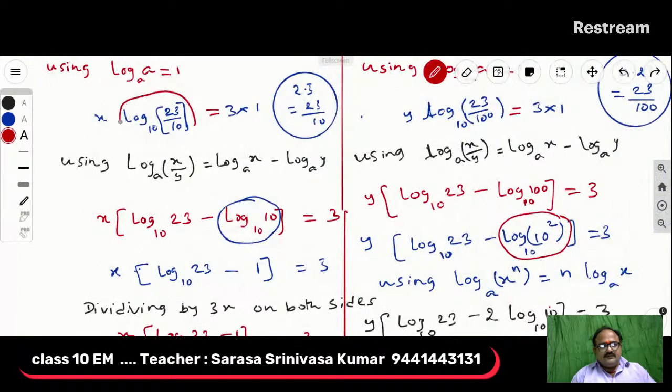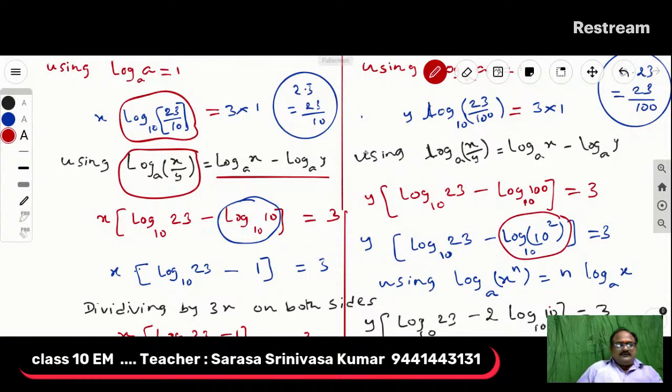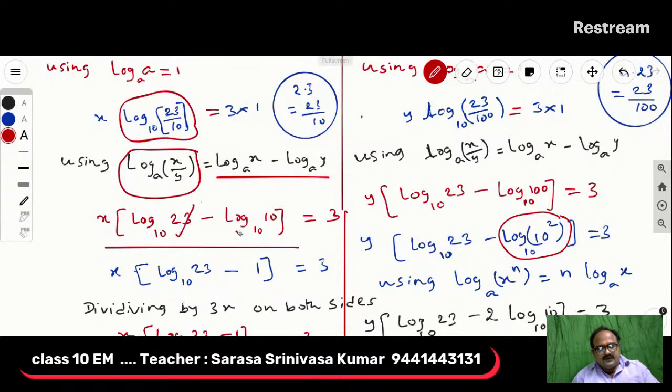Now the left-hand side term is in the form of log x by y to the base a. It can be expanded as log x to the base a minus log y to the base a. Using this formula, I have written this step on the left-hand side, that is log 23 by 10 base 10 equal to log 23 base 10 minus log 10 base 10.